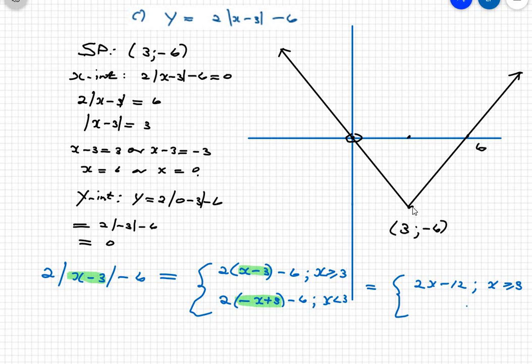But it cannot, it stops there, but that is what the line indicates. And then here we have minus 2x, and then you have 6 minus 6, which is 0. It's correct because it goes through (0, 0). Can't have a y-intercept. It must stop there. Okay, so this is the graph for this absolute value number C.